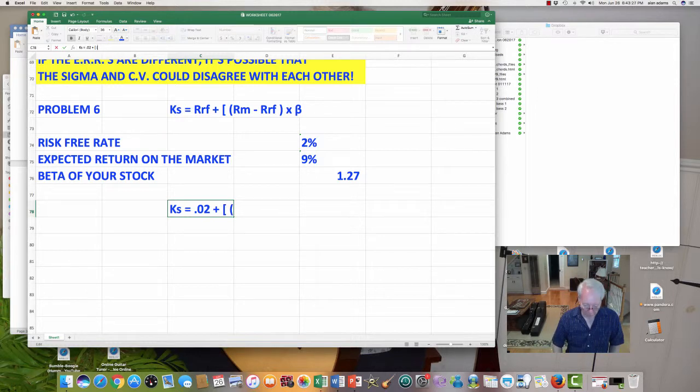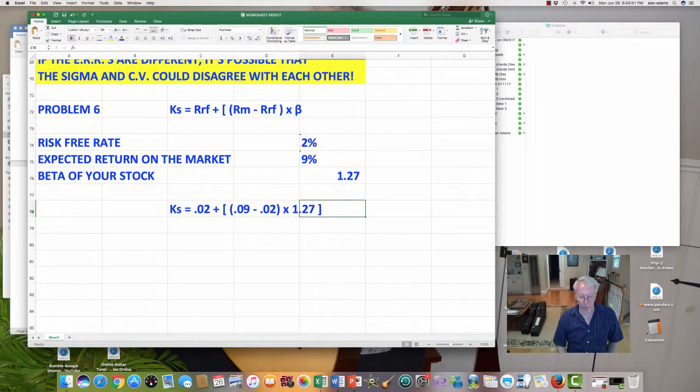Inside, it's going to be 9%, 0.09, minus 0.02, and we multiply that entire thing by the beta, which in this case is 1.27. I used the brackets there just to help us remember the order of operations.